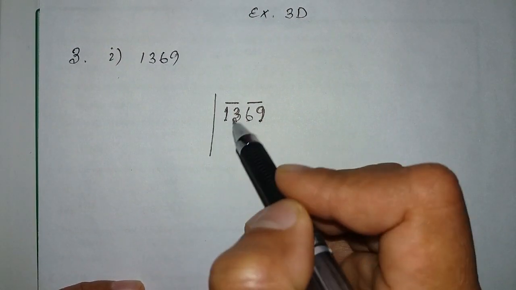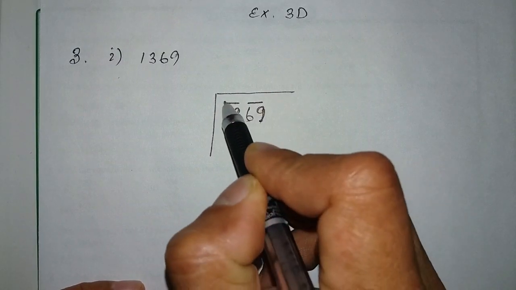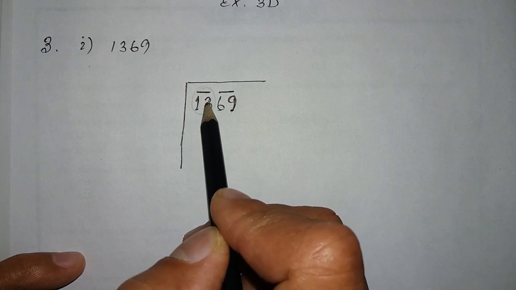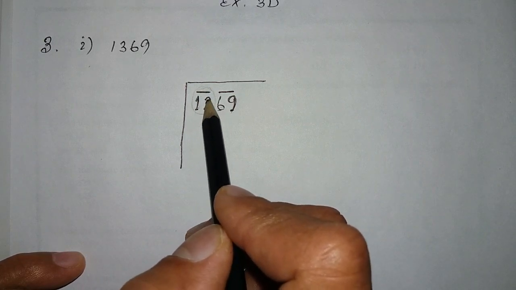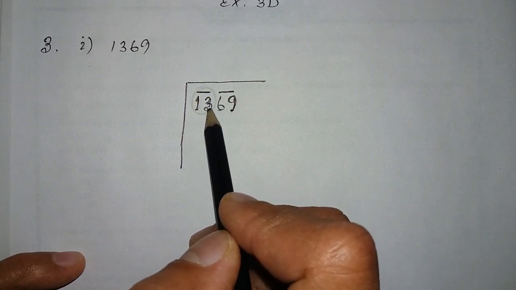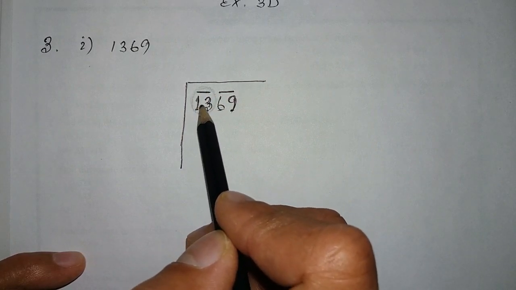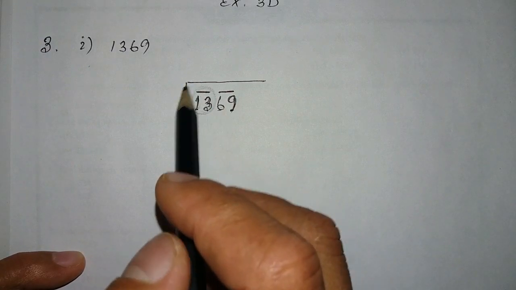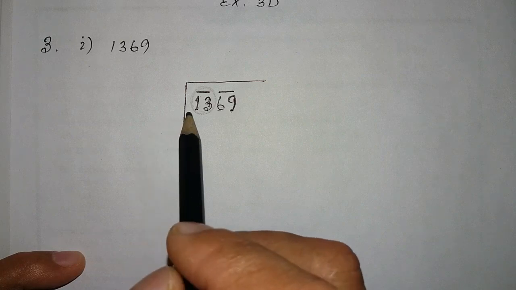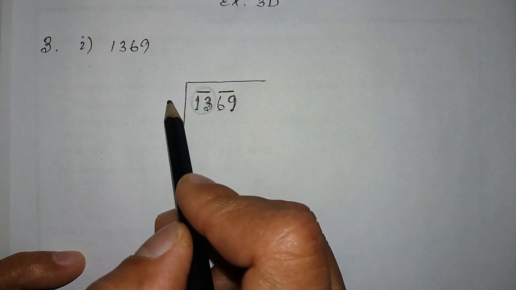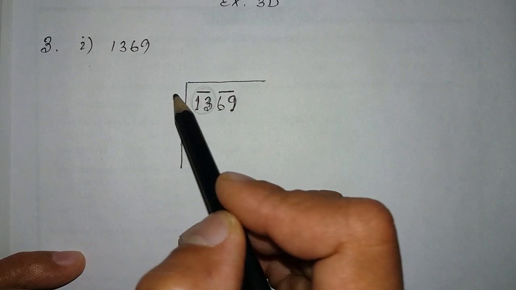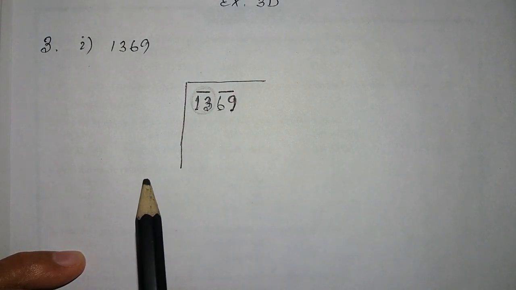The next step is to consider the first bar, the number formed by the digits below it. Below this first bar we have 13. Now you have to think and search for a number to write here. There is a condition: whatever number you write here, you have to write the same number here.